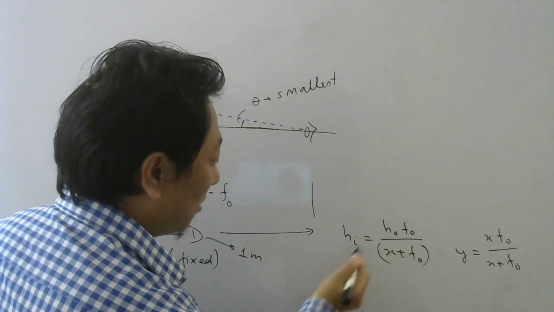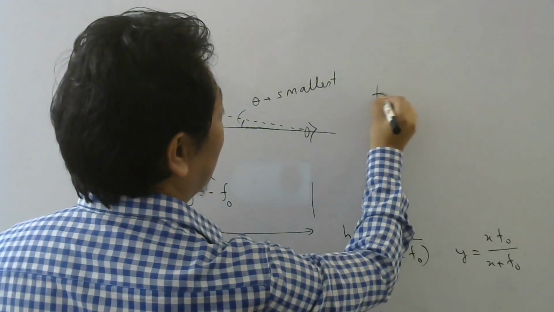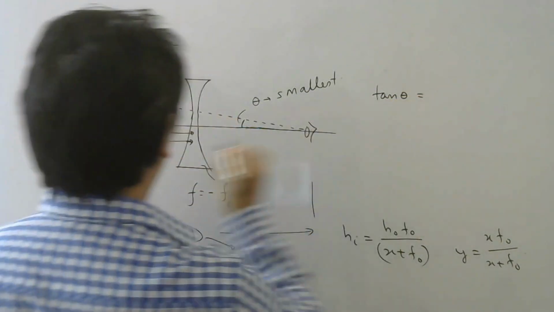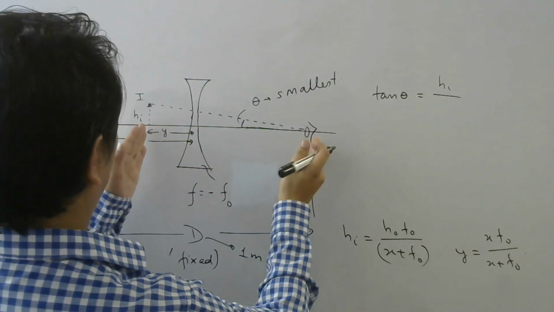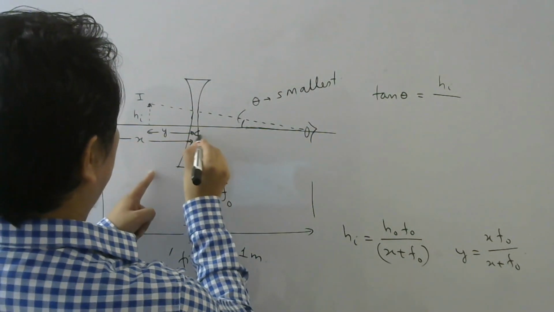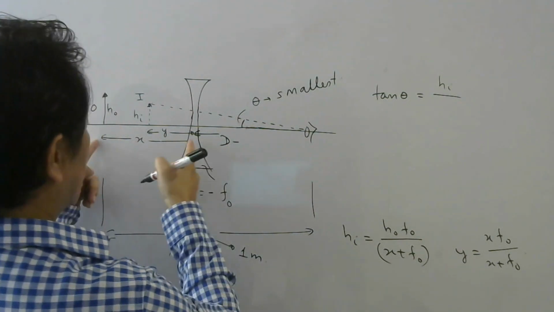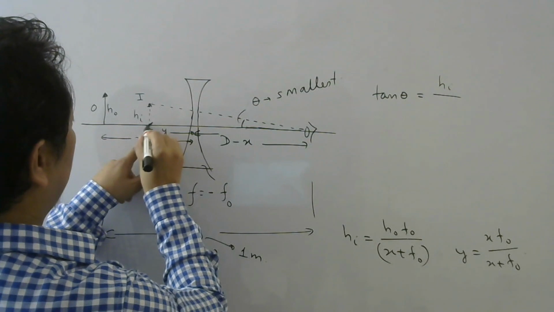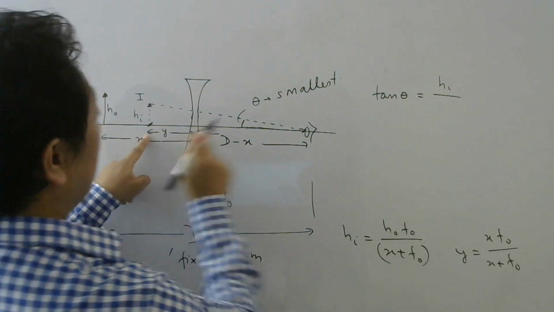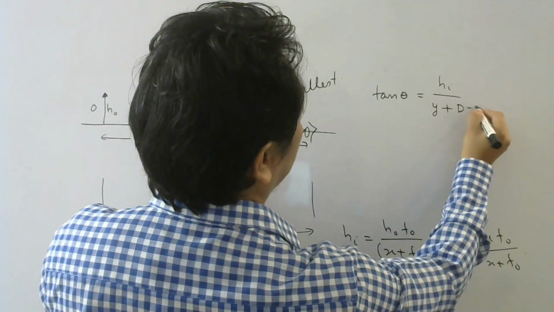So once we know the image height, we can now find this theta, right? So tan of this theta will be equal to opposite side, which is your h_i, over adjacent side. Well, this much is y and this part must be this total distance, which is fixed, d minus this x, right? So adjacent side will be from here to here. So y plus this much is d minus x.